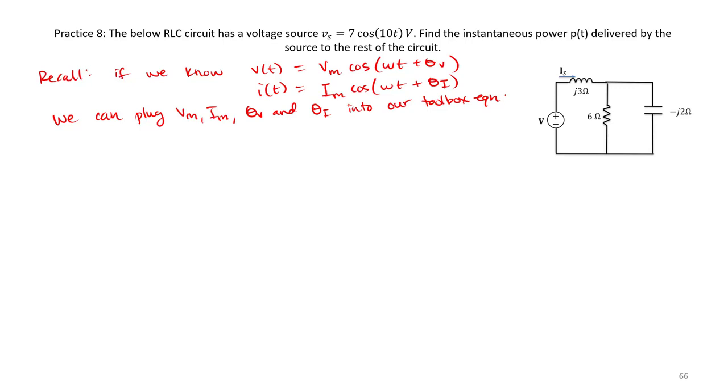So a good strategy for this question is to recognize that we already know V of t delivered by the source. We need to solve for I of t delivered by the source. So in this case, let's go ahead and convert to frequency domain.